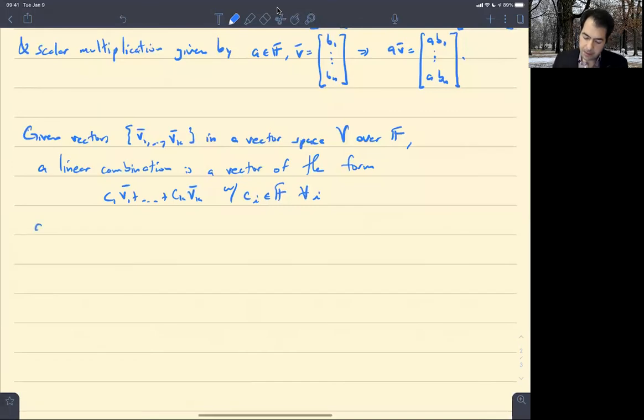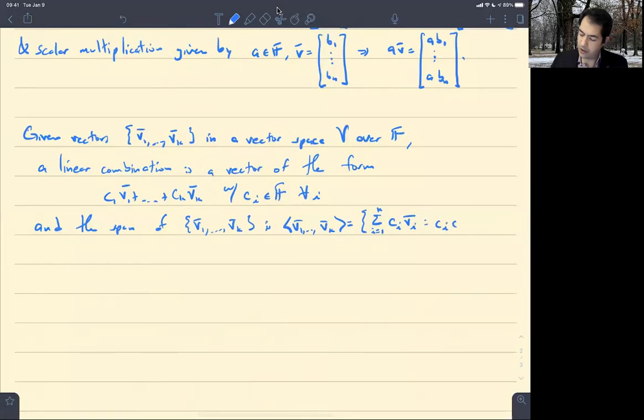And the span of this set of vectors is denoted with these triangular brackets. It's the set of all the linear combinations: the sum for i from 1 to k of Ci Vi, such that the Ci are elements of the field for every i. So this is the set of all possible linear combinations.